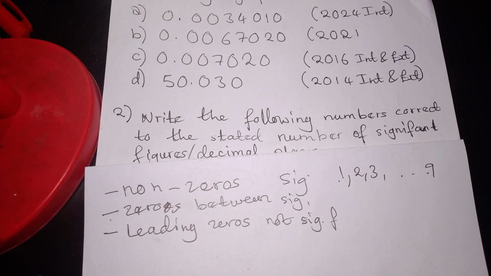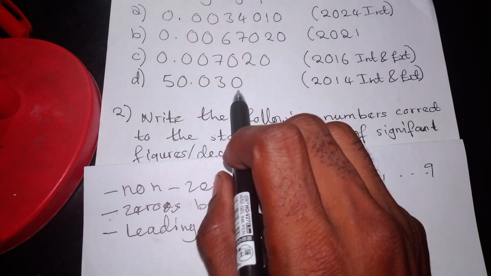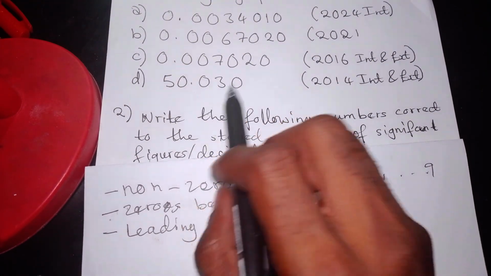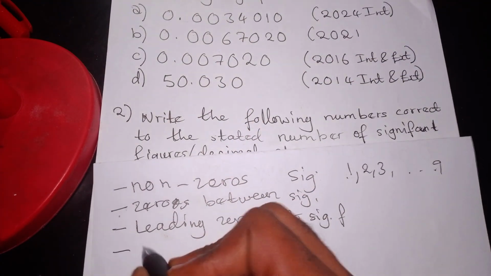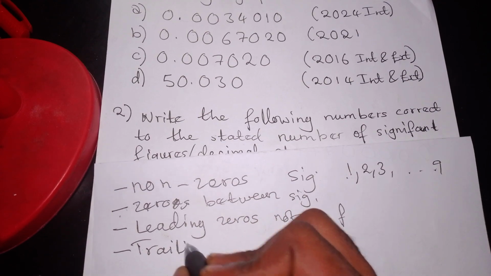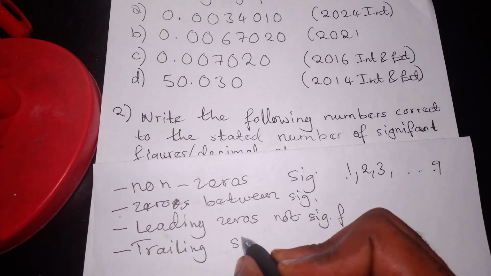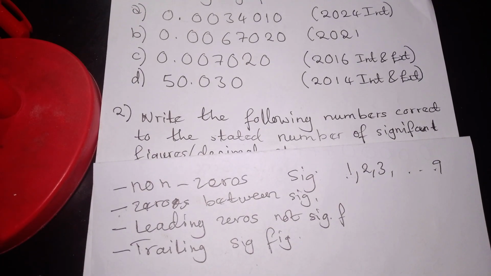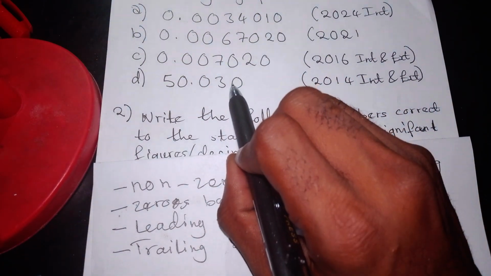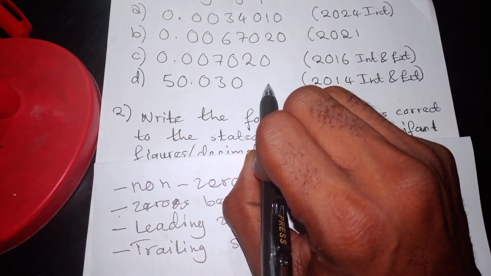And then the last one, although not really the last, but for this lesson, the last one is on the trailing zeros. The zeros at the end of a decimal number. Zeros like these ones. So trailing zeros are considered significant, provided you have a decimal point and then you have some numbers.